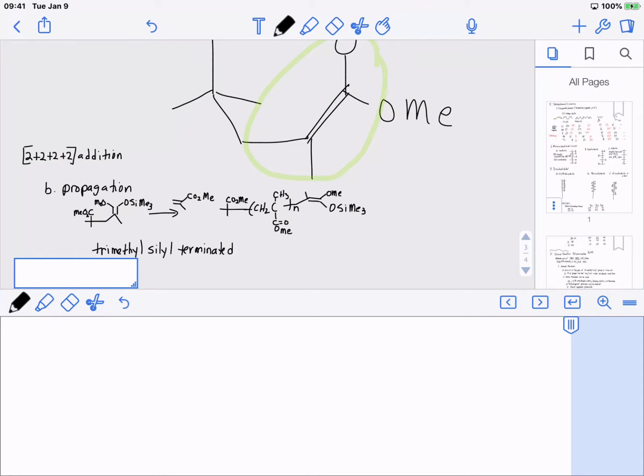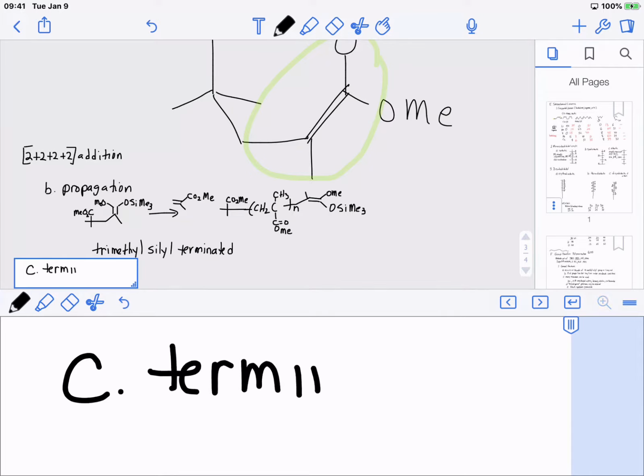These molecules tend to have living ends.